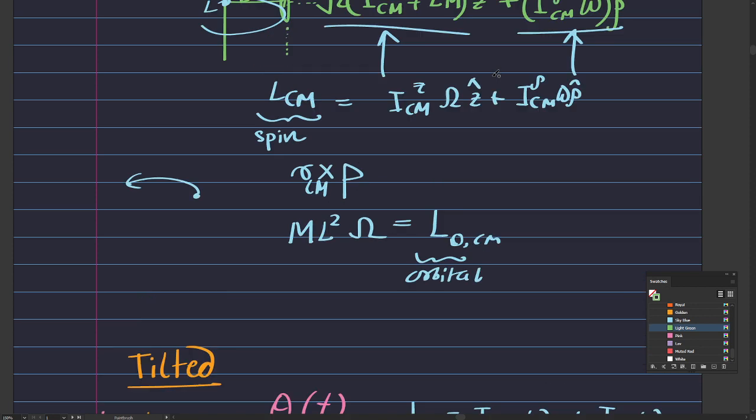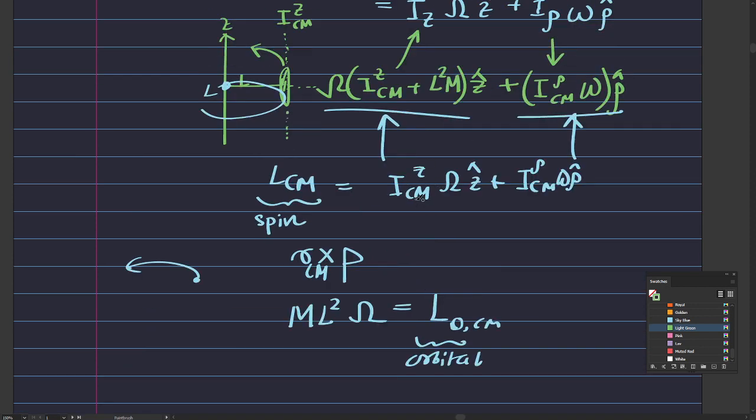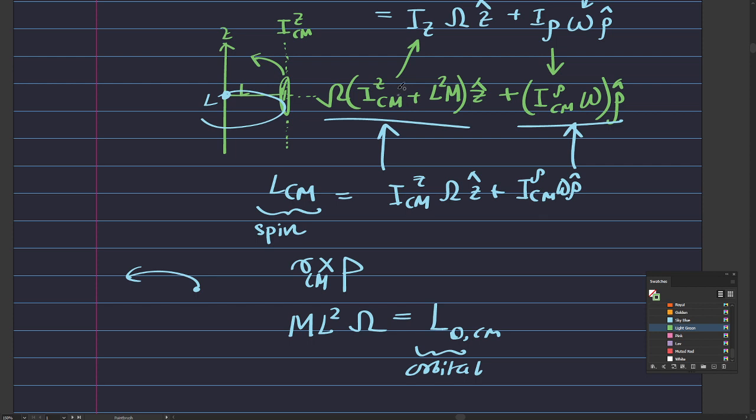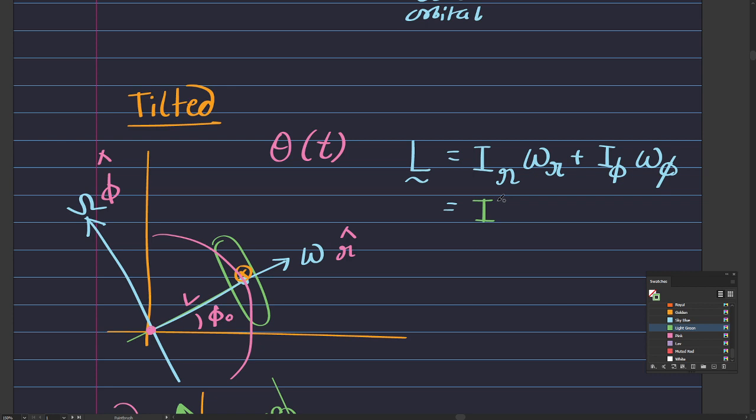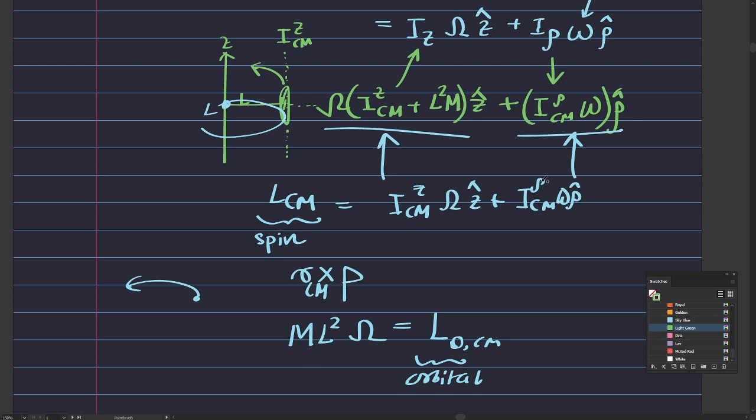This same quantity would come in the perpendicular direction to cm. So the perpendicular direction with respect to cm, omega r, is just plus this ML square parallel axis theorem into omega r, plus I phi is just this quantity parallel to the plane of the wheel.